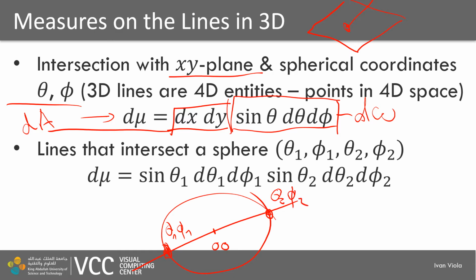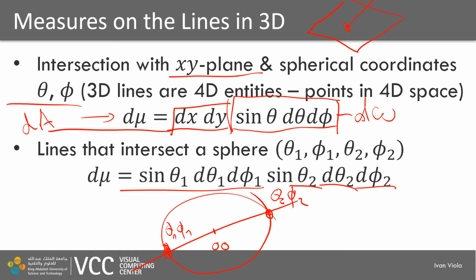So these coordinates will then be useful for defining the measure, and the differential of that measure is defined through sine theta 1 d theta 1 d phi 1 times sine theta 2 d theta 2 d phi 2.